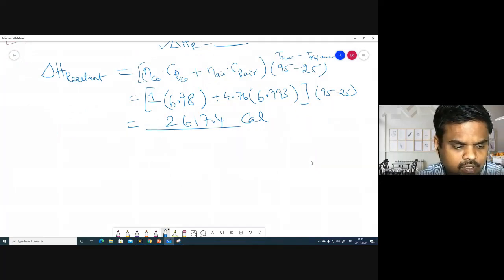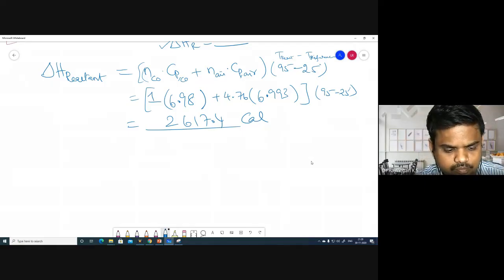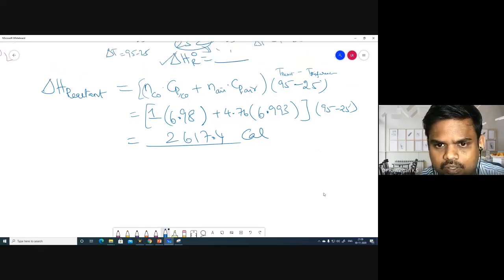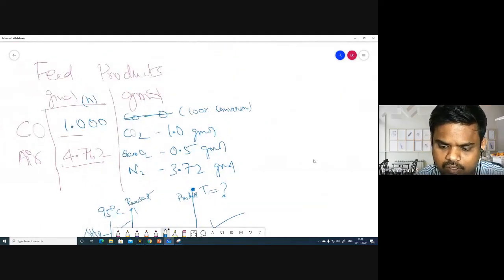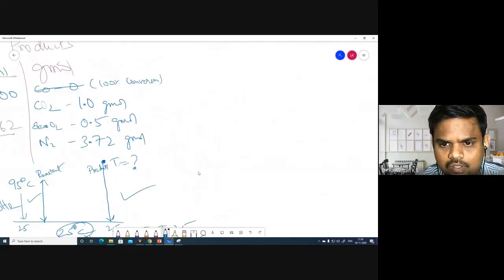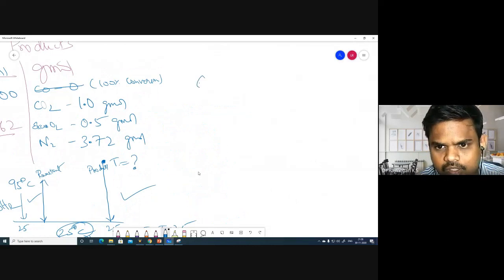What are the products? We have CO2, oxygen and nitrogen. How to determine that? Let us first determine Cp of the products separately.